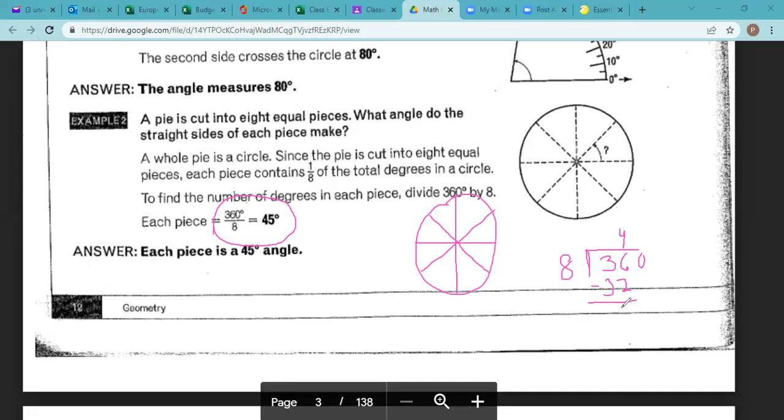Okay, so that will make 4. And you can't stop right there. 4 is not the answer. You got to bring the 0 down also. So now you have 8 divided into 40, and that makes 5. Of course, 8 times 5 is 40, and you have nothing left over. All right, so that would be 45 degrees.